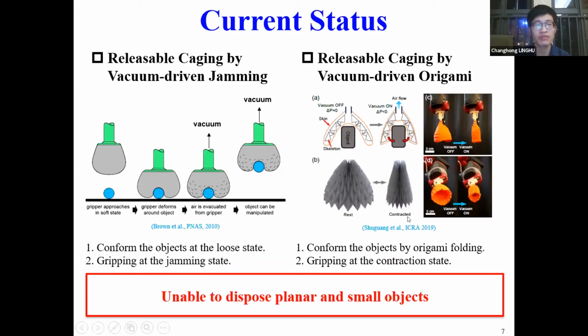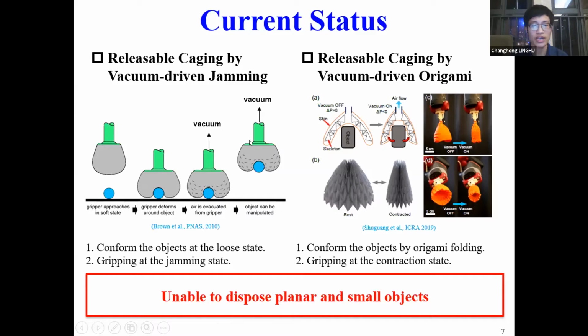Some early attempts exploit the releasable caging by the jamming effect of granular material. In this design, they put some granular material in a plastic bag. When this bag is filled with air, it is in a loose state and can conform to the three-dimensional object.